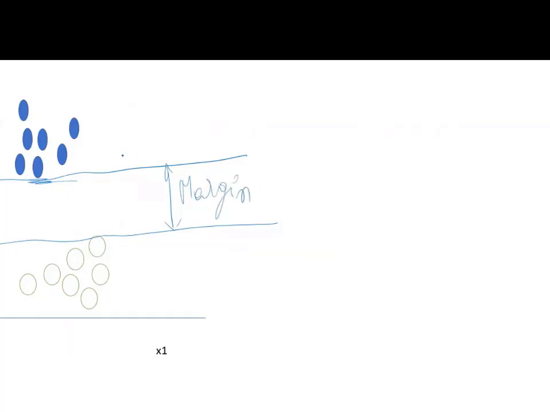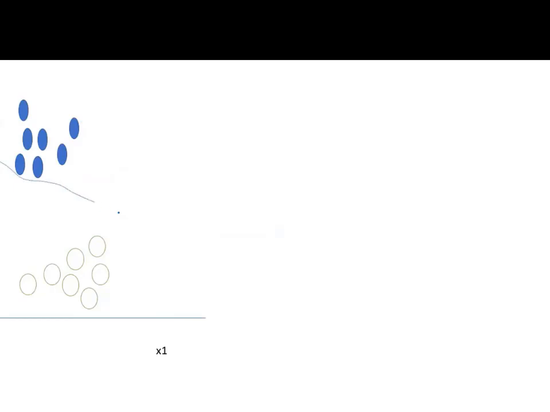Previously we called it margin 1, and this is margin 2. Now we can have another line. Any number of lines can be written in this fashion. This is called margin.